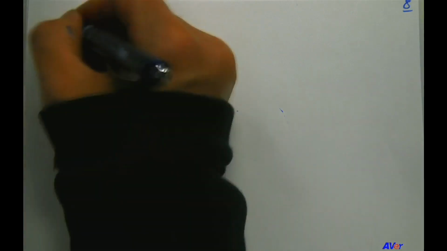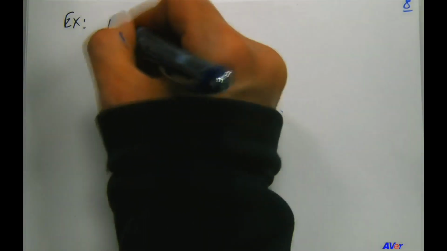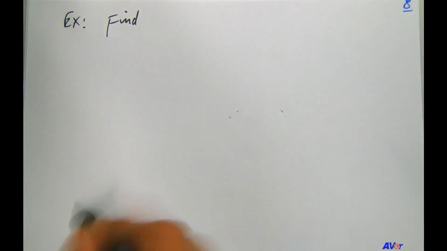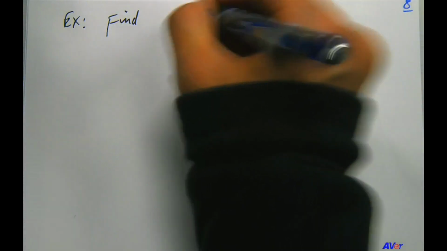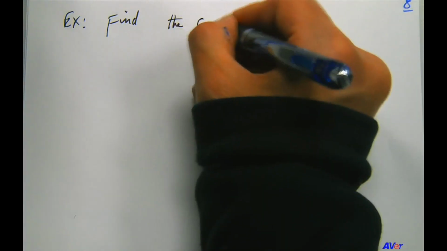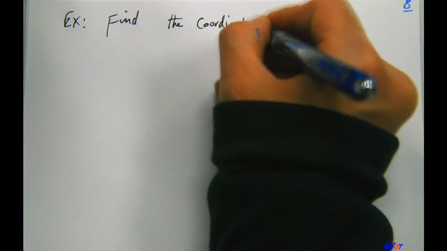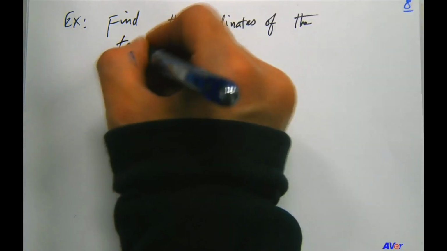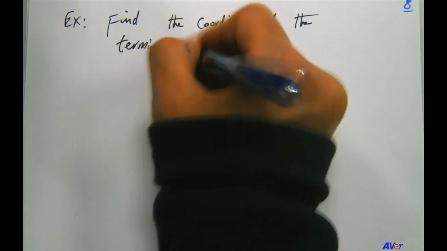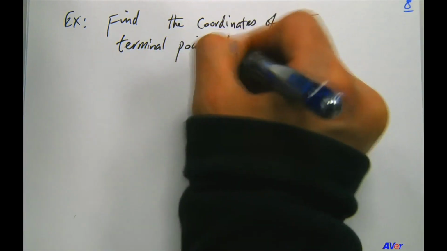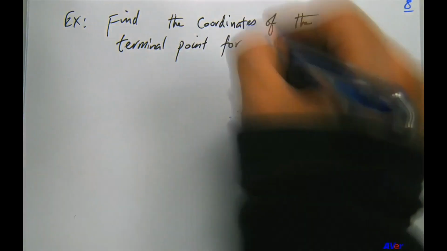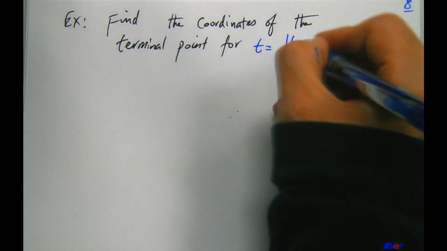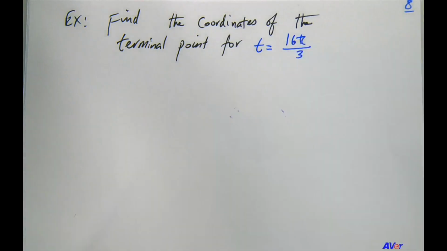Okay? So here we have this example. Suppose we want to find the coordinates of the terminal point for t equals 16 pi over 3. Okay?